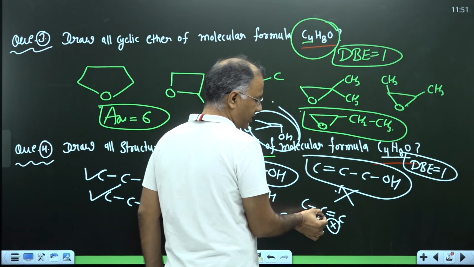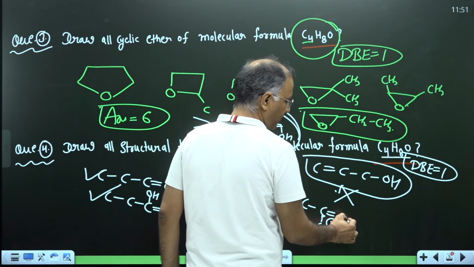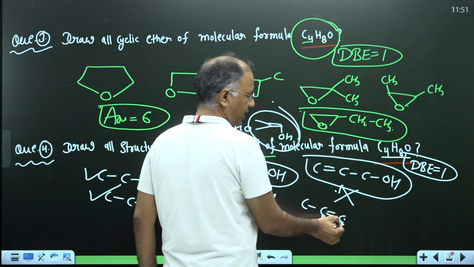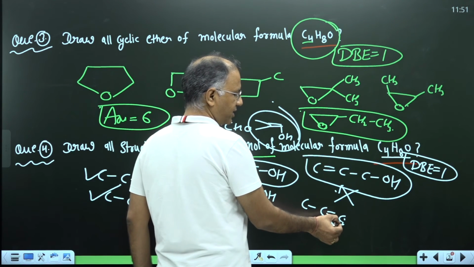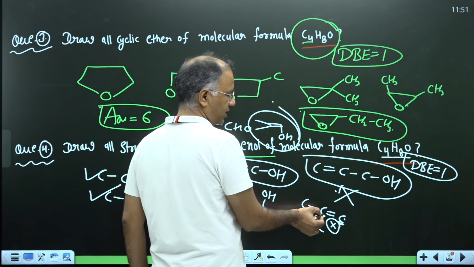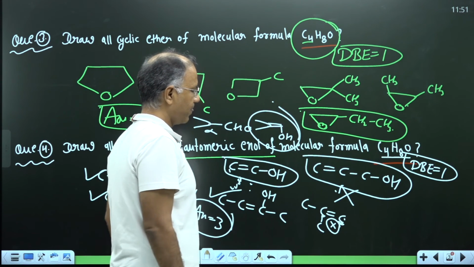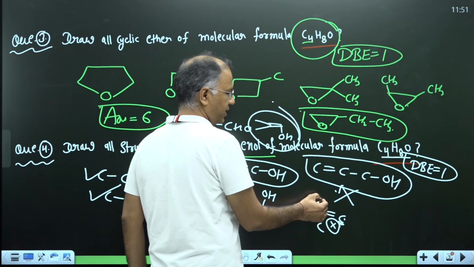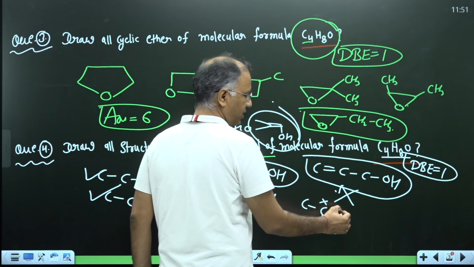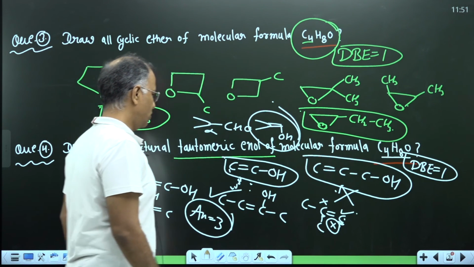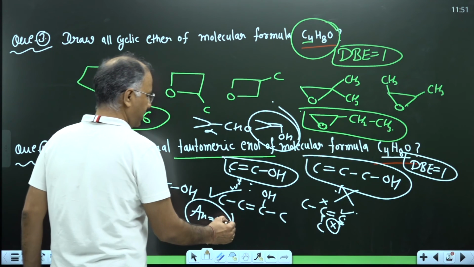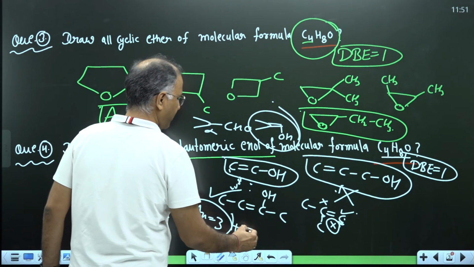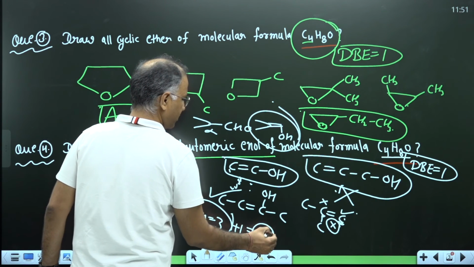I was placing OH on this carbon. There is a second option, we can place OH on this carbon. This is correct. In the other case, the carbon valency is exceeded. If I place OH here, this is not possible, this is possible. So the answer is not 3. The answer is 3 plus 1, 4.